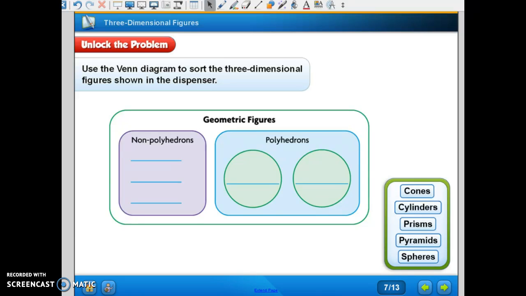Use the Venn diagram to sort the three-dimensional figures shown. Okay, geometric figures. Where do cones go, Gracie? Non-polyhedrons or polyhedrons? Non-polyhedrons. Fred, where do cylinders go? If you don't know, look back up top. It shows you.